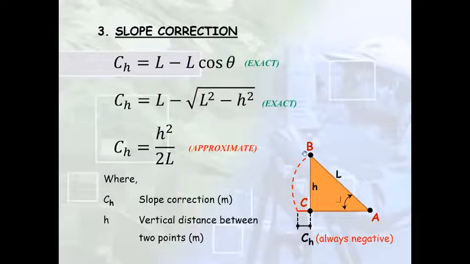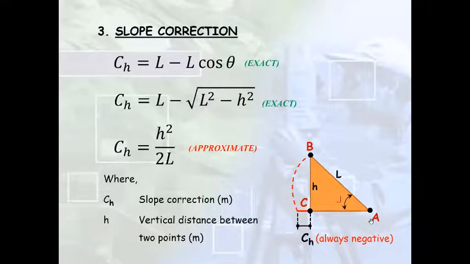So if you cut out a section and draw this right angle triangle, what we are interested in is this distance AC, which is the horizontal distance between point A and point B. But what the measuring tape is giving you is the sloping distance AB, which is basically the hypotenuse. And the hypotenuse is always greater than the base. So the correction that we would be applying would always be a negative correction.